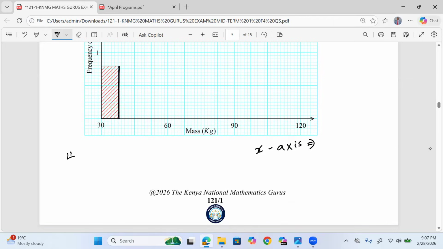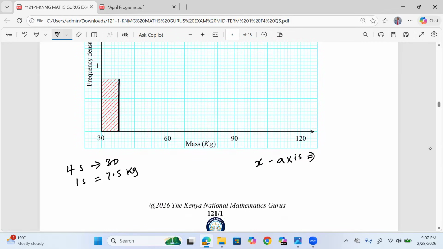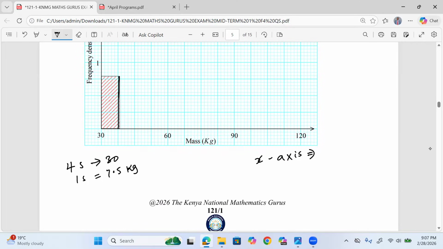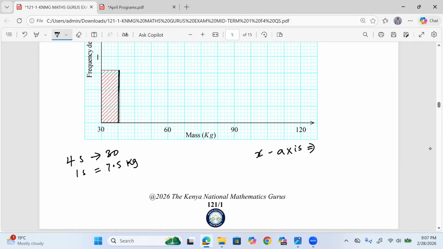We have 4 squares representing 30 units, meaning that 1 square shall represent 30 out of 4, which is 7.5 kgs.